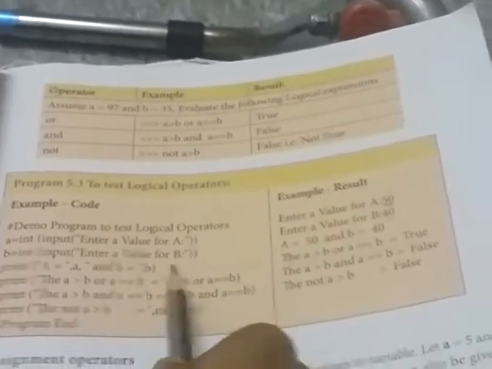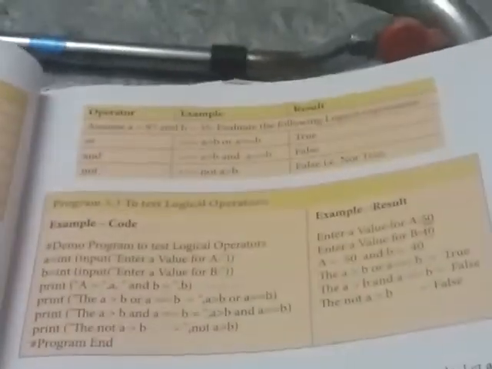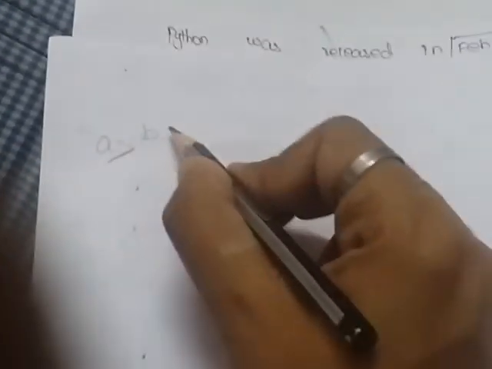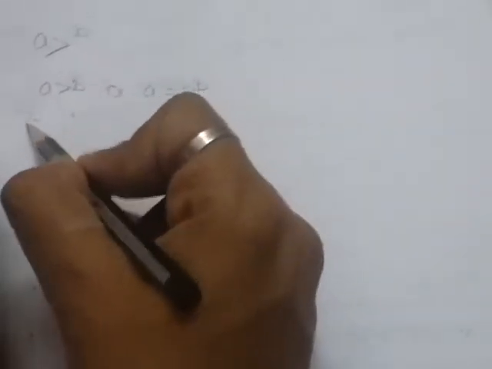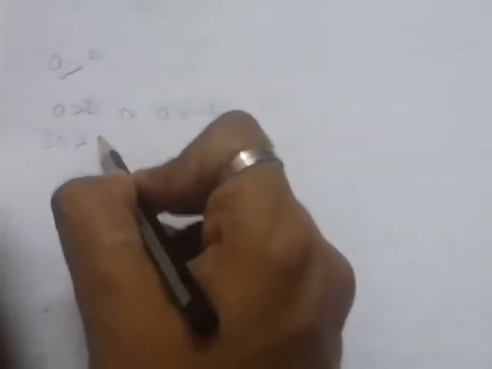Here one condition is given, a greater than b. The value of a is 50 greater than the value of b is 40, so this condition becomes true.